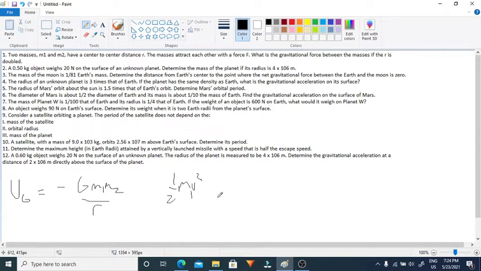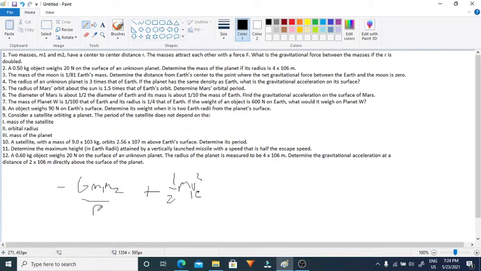So at the beginning of the object's motion, we're going to give it some velocity, and we're going to have this be the escape velocity. So for this equation, I'll have conservation of energy. So I'm just going to delete this right now.